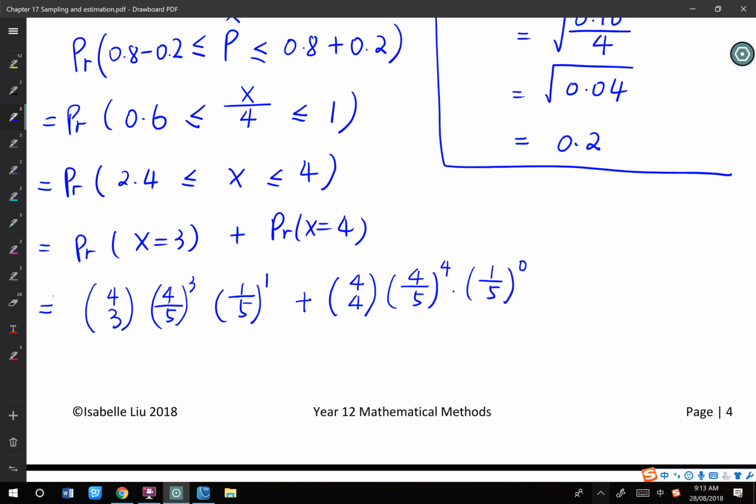Because in between 3 and 4, x is 3 and x is 4. Like the probability in between 1 to 4 is 1 plus 2 plus 3 plus 4.